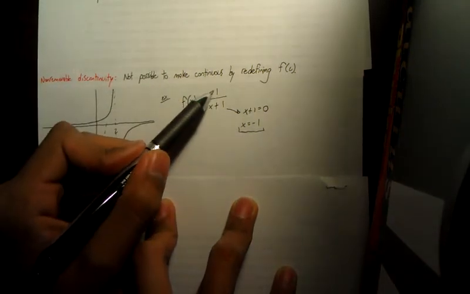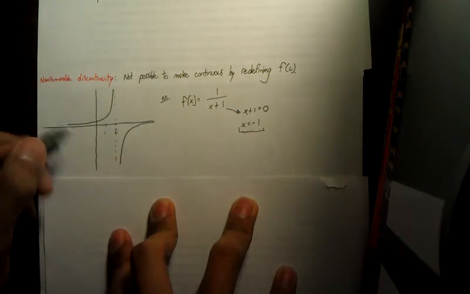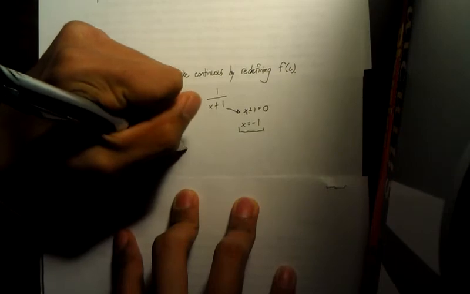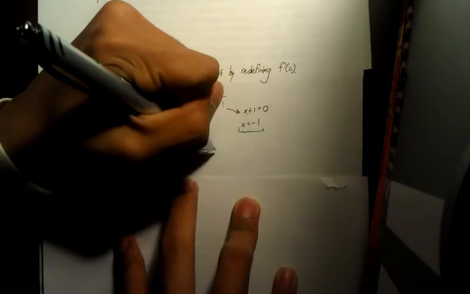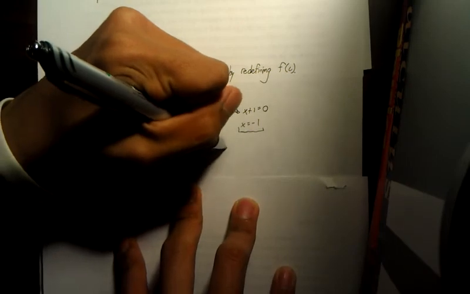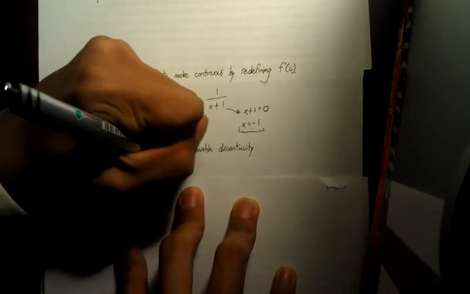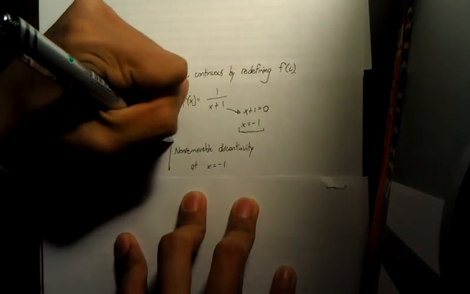And because you didn't remove anything from the numerator and denominator, it would be a non-removable discontinuity. So when you're stating your answer, non-removable discontinuity at x equals negative 1.